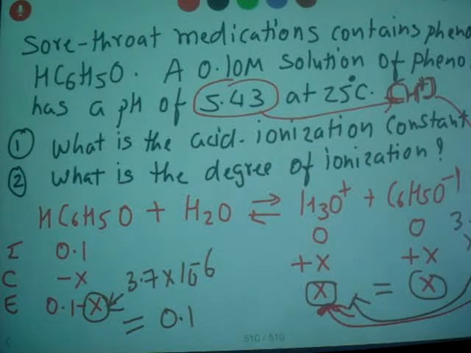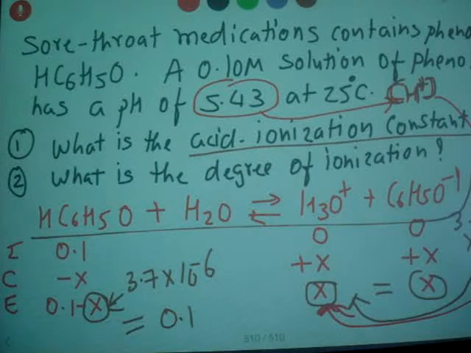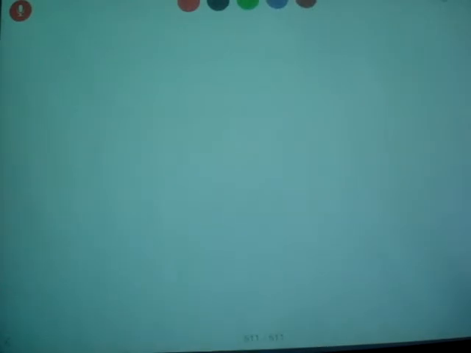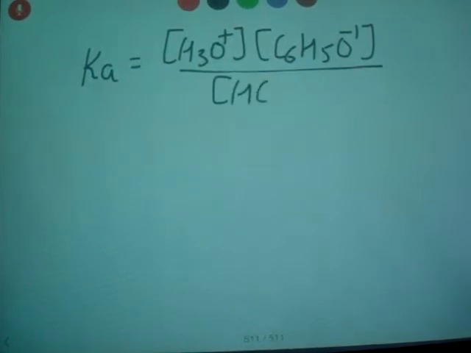So now, hold on a second, I'm going to calculate the Ka expression for this equation, okay? And then we will find out the percent degree of ionization. So when you write the Ka expression, we have the H3O plus ion concentration, the C6H5O minus ion concentration at equilibrium, divided by HC6H5O.